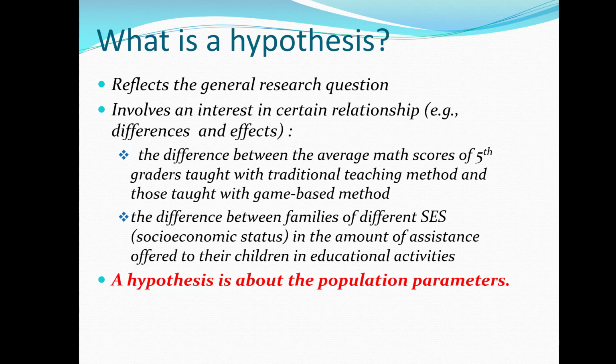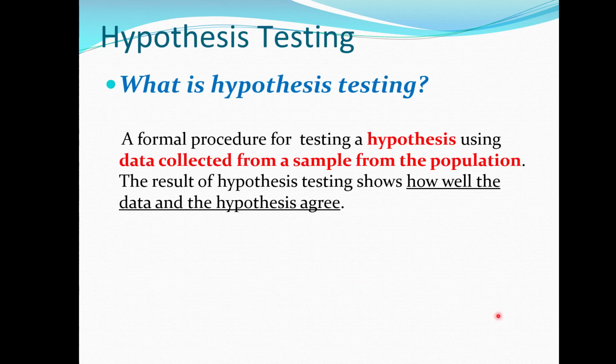Now let's talk about what hypothesis testing is. We have talked about what a hypothesis is, and we also talked about the differences between sample and population. So I believe it will be easy for you to understand what I put here. So what is hypothesis testing? Hypothesis testing is a formal procedure for testing a hypothesis using data collected from a sample from the population. The result of hypothesis testing shows how well the data and the hypothesis agree.